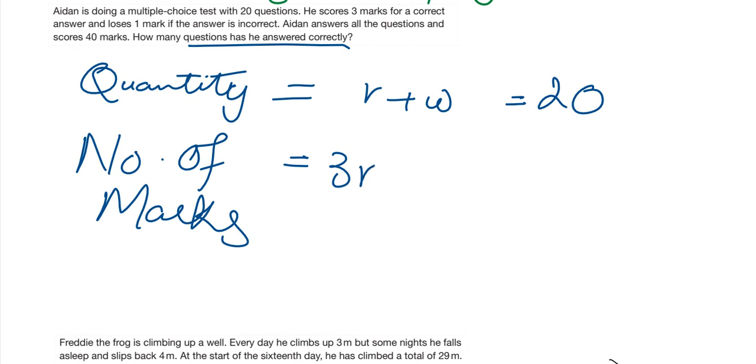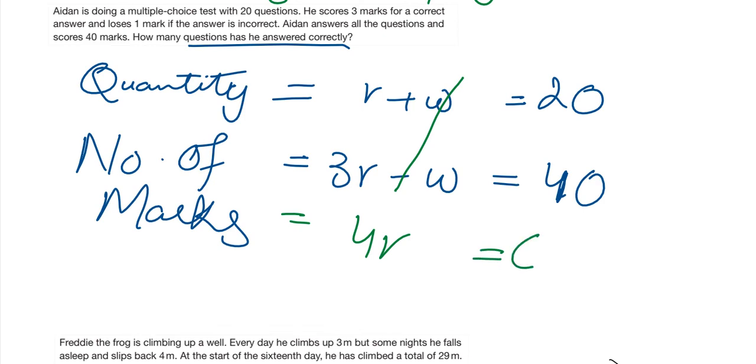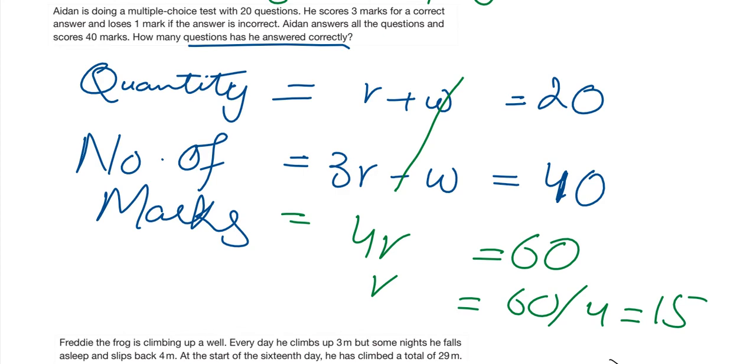For right questions you get 3 marks, but if you make it incorrect, you lose 1 mark, so that's minus w, and the total mark that you get is 40. I don't think you need to multiply by any number, because you can easily cancel these terms. Now we have 4r = 60, and 60 over 4 is 15. So your total number of correctly answered questions is 15.